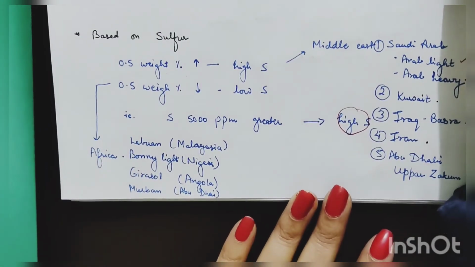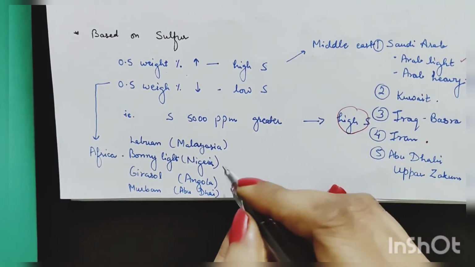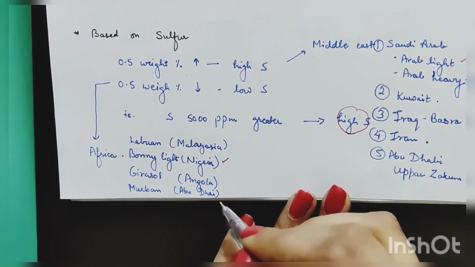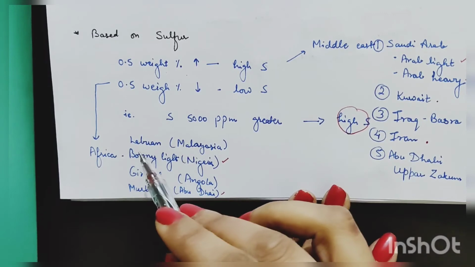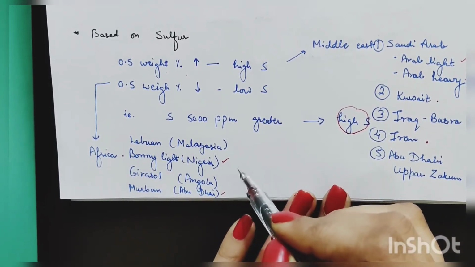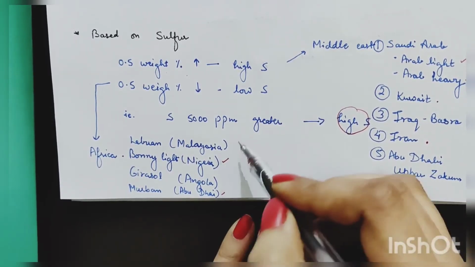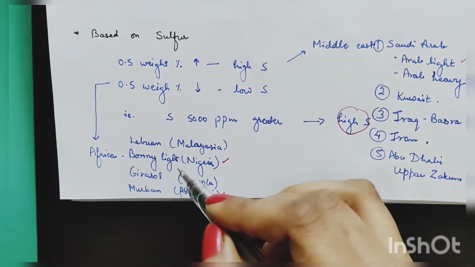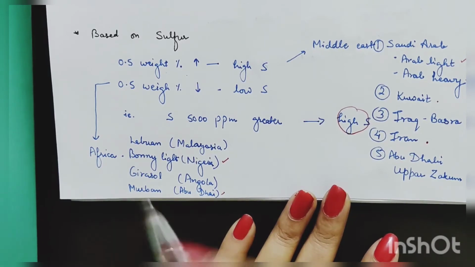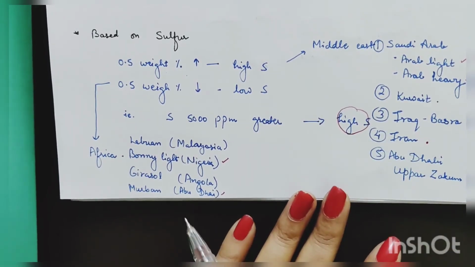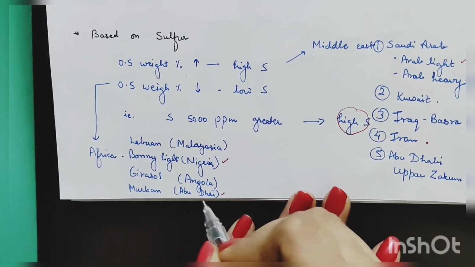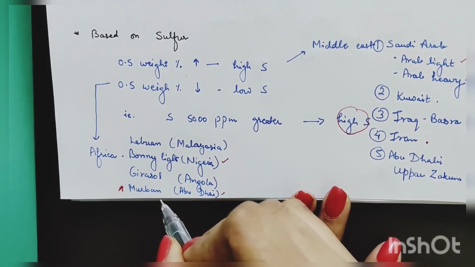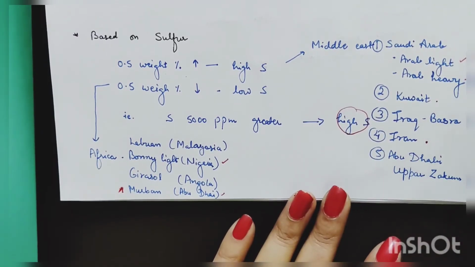And a few examples of low sulfur crude oils are Bonny Light, which is coming from Nigeria, Africa, then Murban from Abu Dhabi, Labuan from Malaysia, and Girassol from Angola. These are the prevalent names of crude oils in those countries. So these were the examples based on sulfur. Also remember, Abu Dhabi supplies both high sulfur as well as low sulfur crude oil.